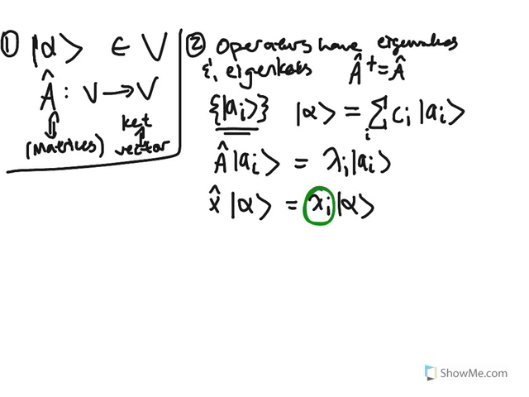I want to know what x is, so I apply x to it. If it was an eigenvector, then the eigenvalue that I get back is the position that corresponds with my state alpha. That's kind of a convoluted thing, but if you think about it for a little bit, there's not really any other reasonable way that you could say I get exactly one number out of exactly one vector.